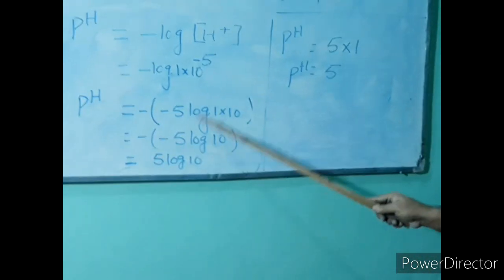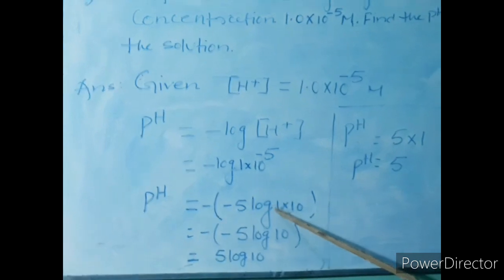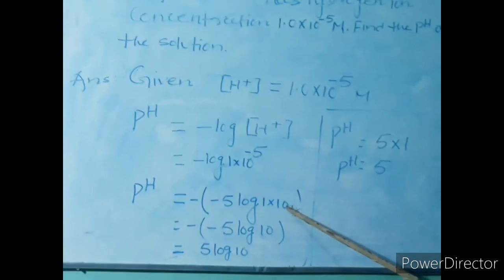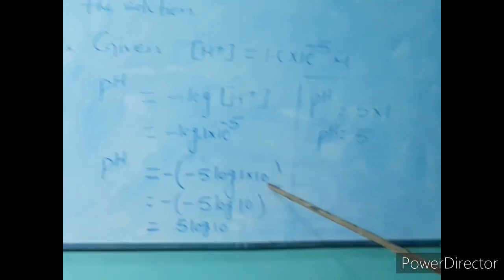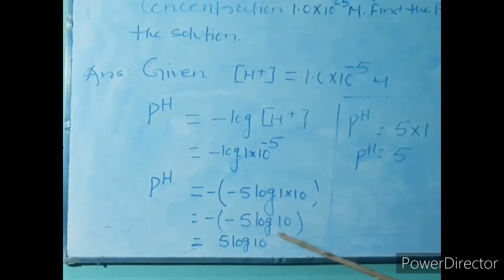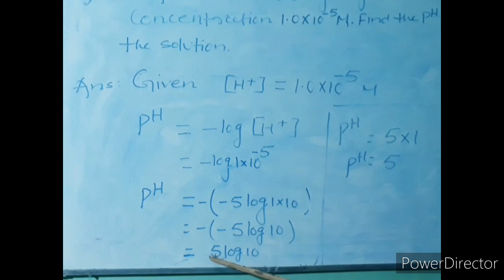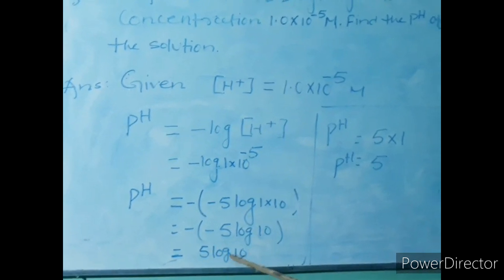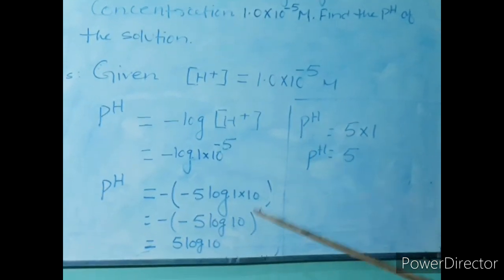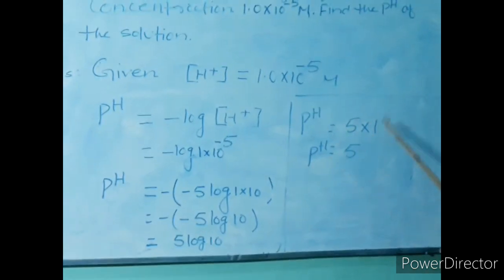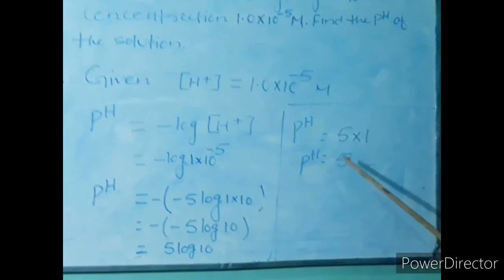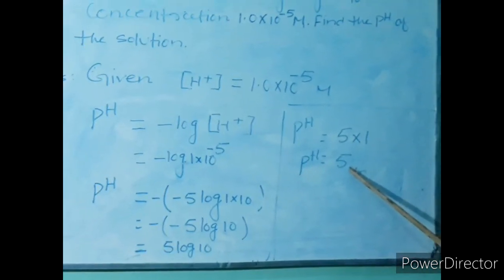Now minus 5 log 1 into 10, not log 1 into 10, so minus 5 log 10. Now minus times minus gives plus 5 log 10. Now we know log 10 value is 1. So pH equals 5.